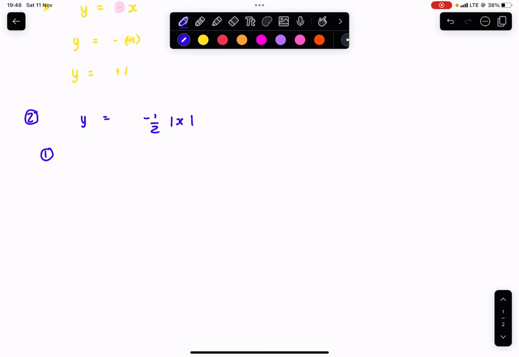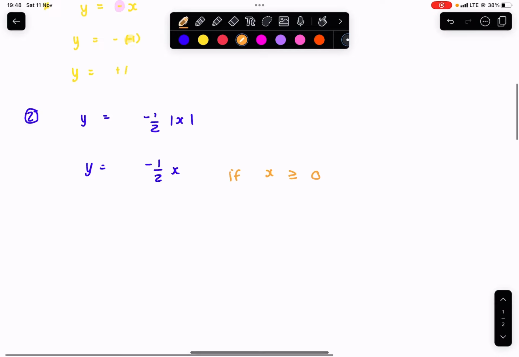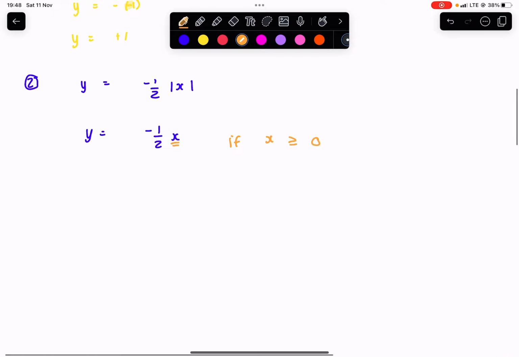Firstly, we must say y equals negative a half x if, that's important, let's keep colors, if x is greater than or equal to 0, because x can only be positive if x is greater than or equal to 0. 0 is considered a positive number, which is why we include it.